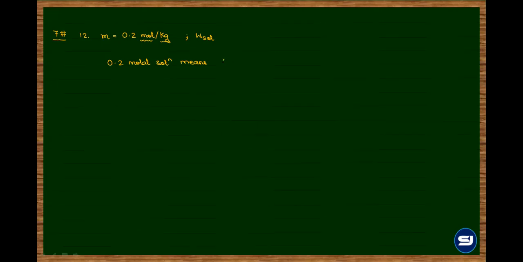So 0.2 molal solution means 0.2 mole of solute, and since it is a sulfuric acid solution, the solute is H2SO4. It's present in 1 kg, or I can simply say 1000 gram of the solvent. Is that thing clear?